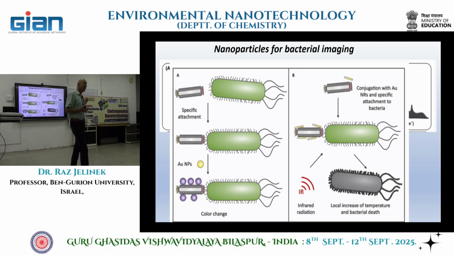So these are very nice examples of using nanoparticles, particularly metal nanoparticles, gold nanoparticles, both for imaging or seeing bacteria through Raman spectroscopy, and also killing bacteria through the thermal effect, through heating and burning the bacteria.